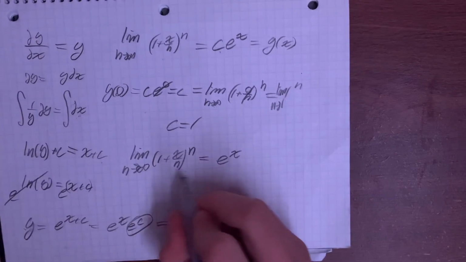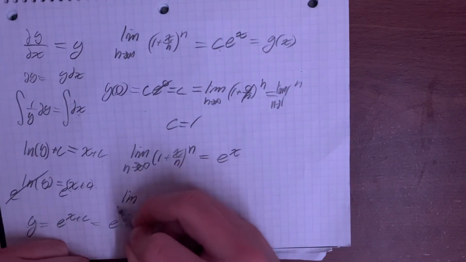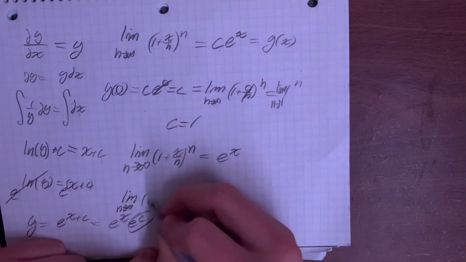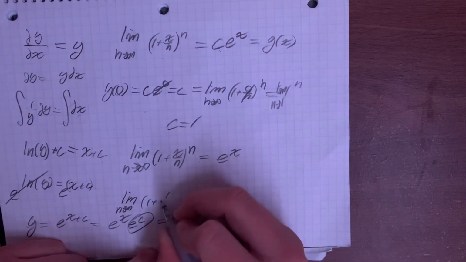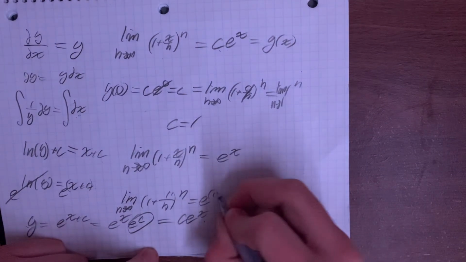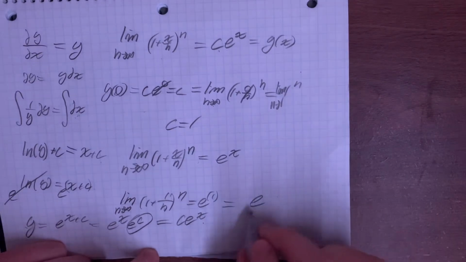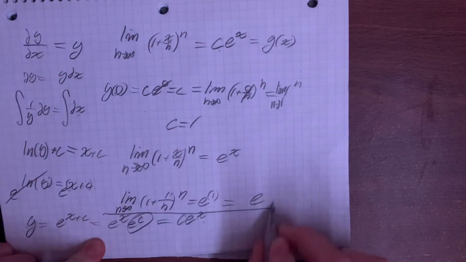So we plug in 1, and this will give us the limit as n goes to infinity of (1 + 1/n)^n, because that's x, equals e^1, which is just equal to e. So our original limit is equal to e.